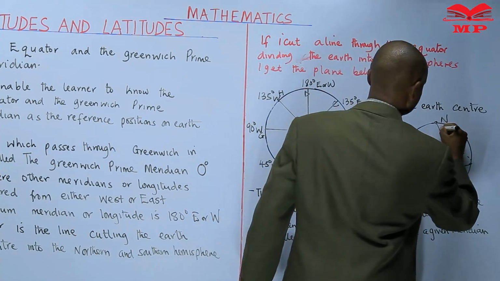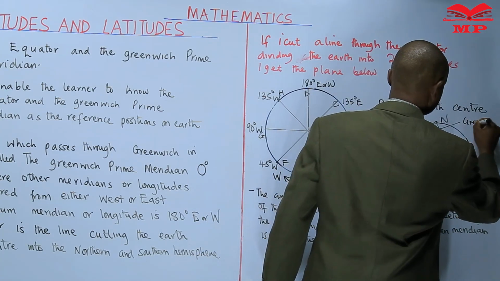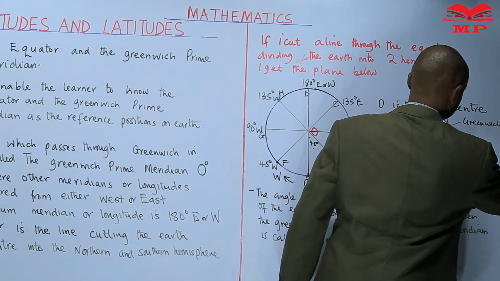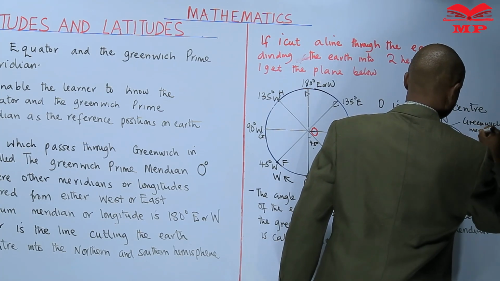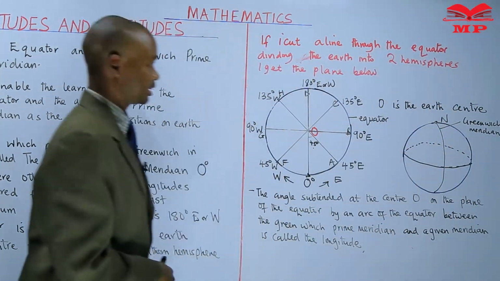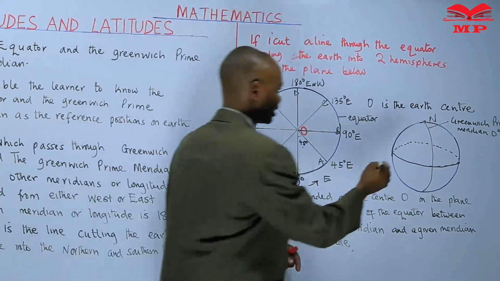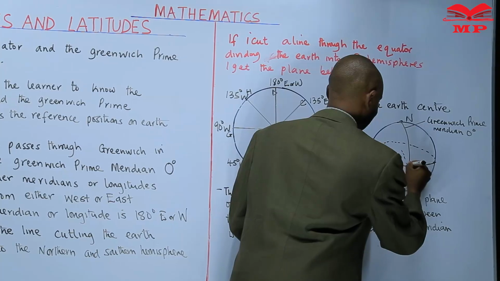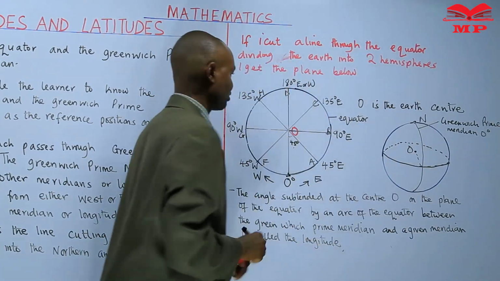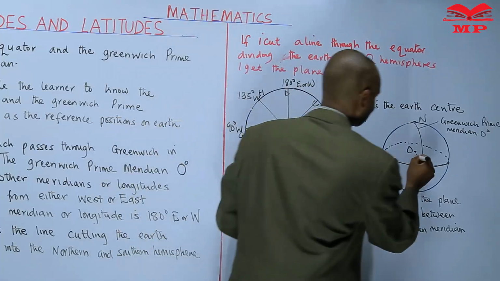This will be the Greenwich prime meridian, which is 0 degrees. So that was actually the center I was talking about.